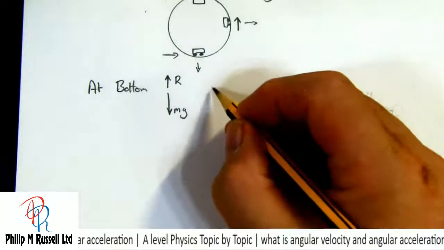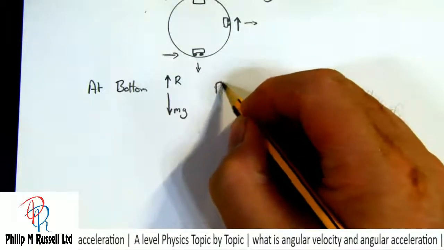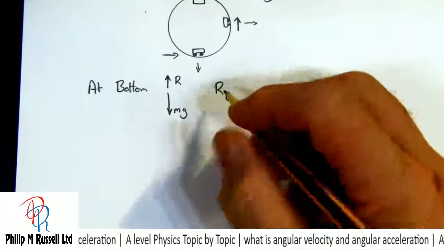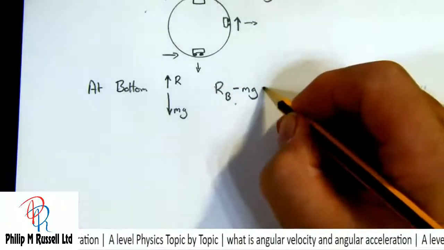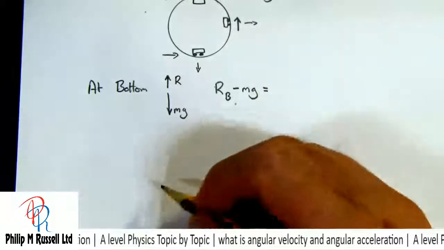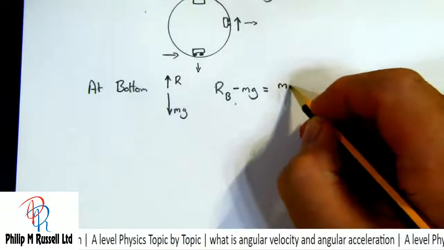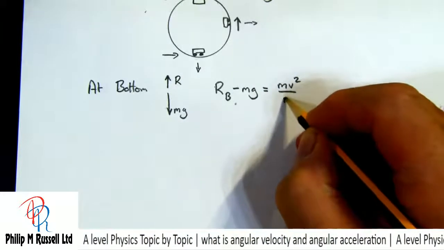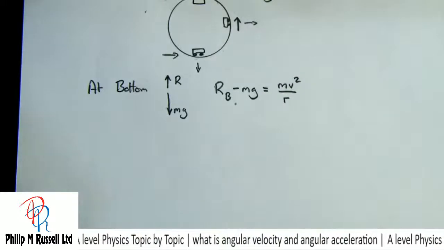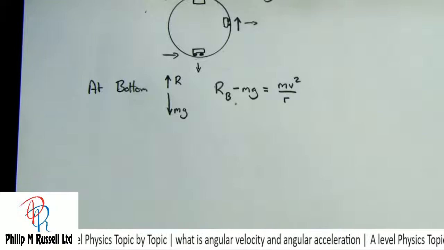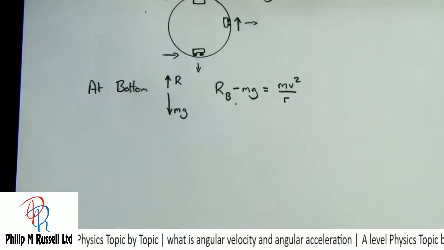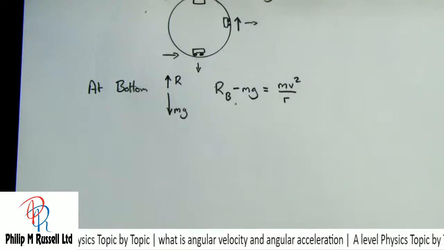So we can say that this R at the bottom minus the force of gravity is going to be mv squared over r. And we remember what mv squared over r was. This is our centripetal force.